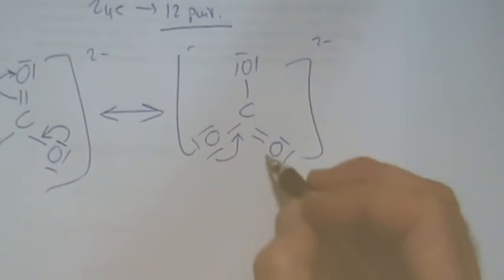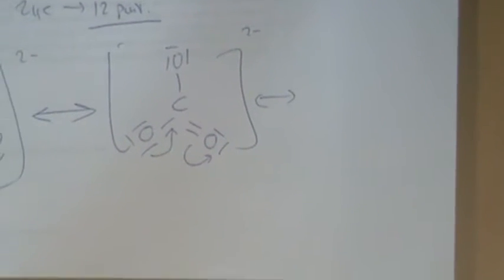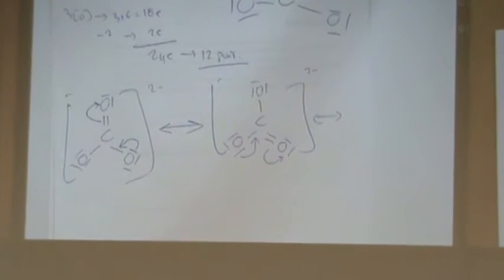And then you can do the same thing. You can put the double bond now here, right? So you can take this one and that one, and you can write another one, have a double bond here and single there, right? You don't need to do it. You know how to do that, right? So we have 3 resonance structures. We call them resonance contributors, right, to the electronic structure of the carbonate ion.